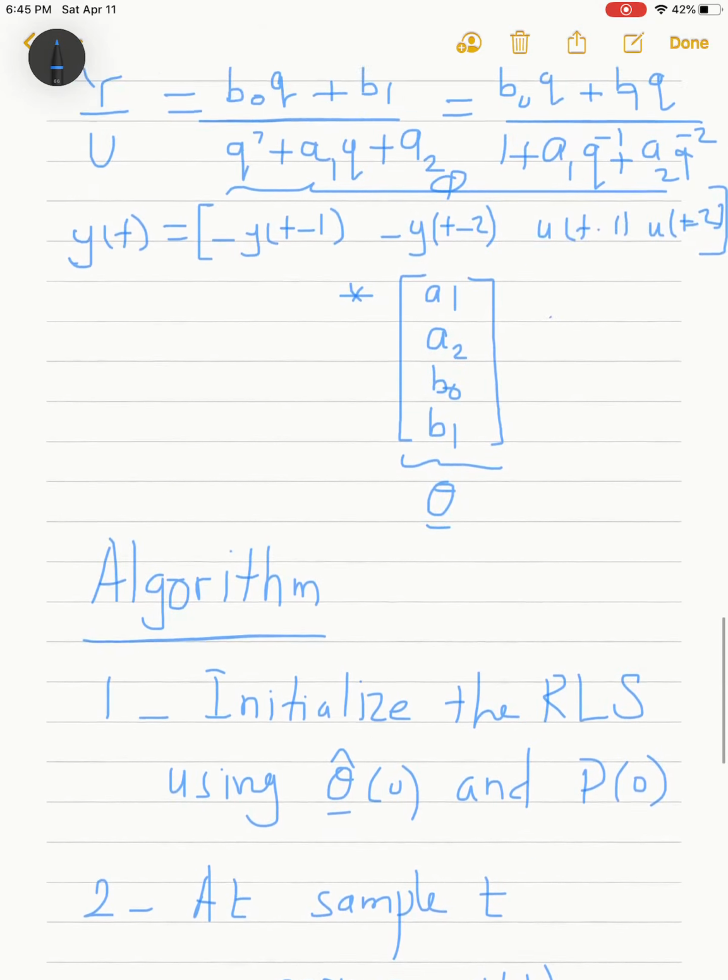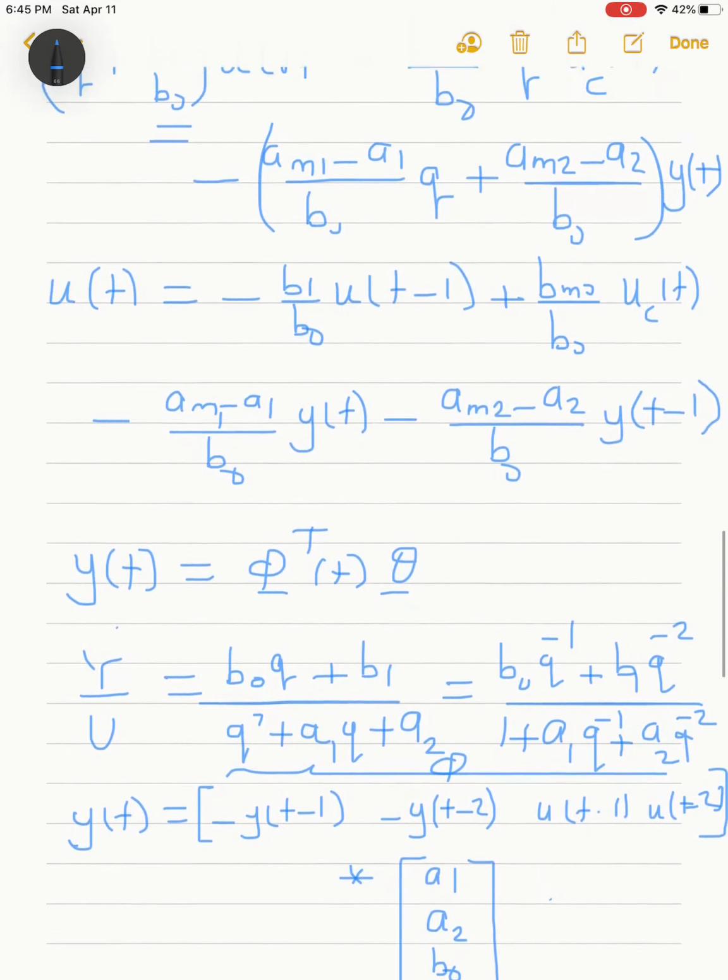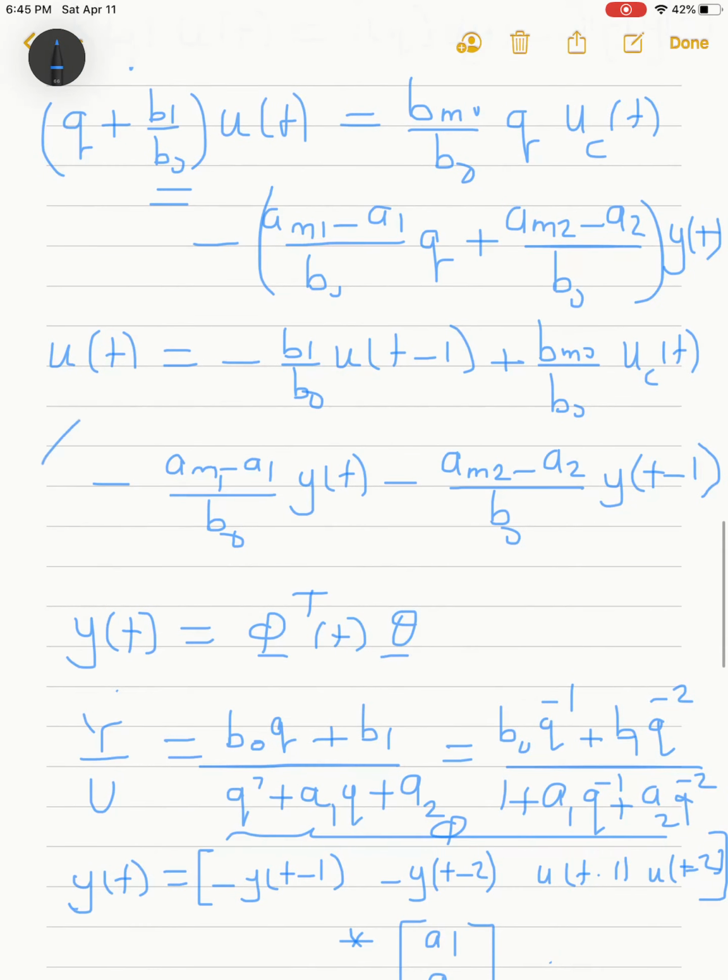Of course, to calculate the control signal, we are going to use this expression of u of t that we have derived. However, we are going to depend on the estimated parameters, so b1 hat, b0 hat, a1 hat, and a2 hat. We notice here in the control law that we divide by b0.